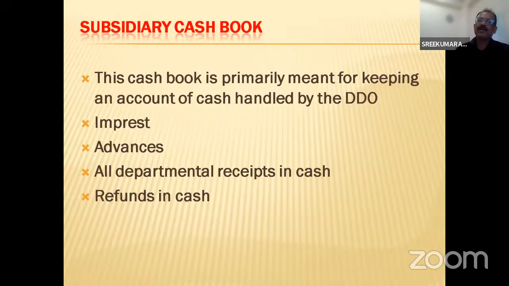This cash book is primarily meant for keeping an account of cash handled by the DDO. We know many institutes are having less amount of cash being handled, but still we cannot simply stop handling the cash.